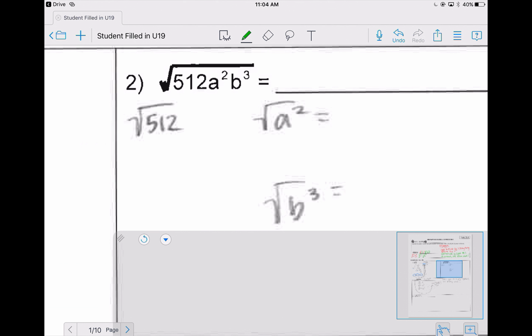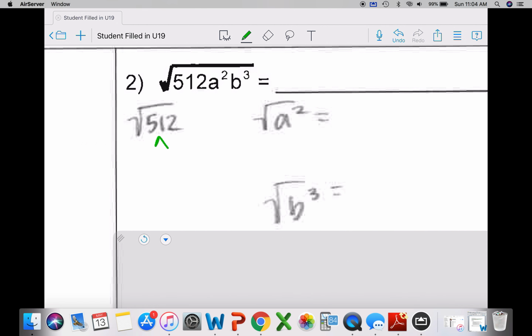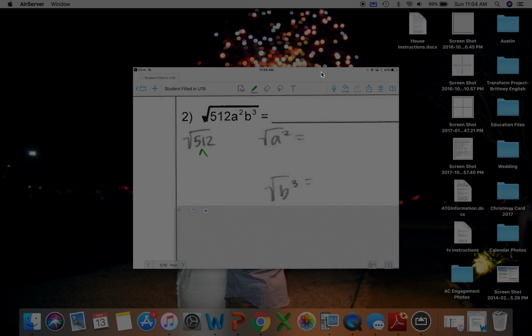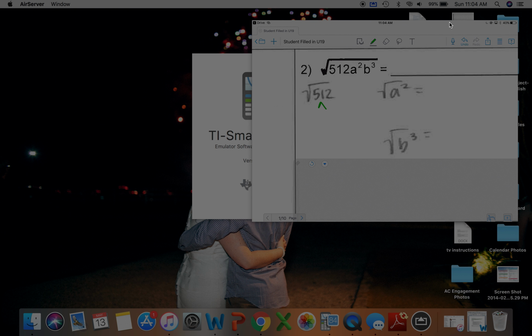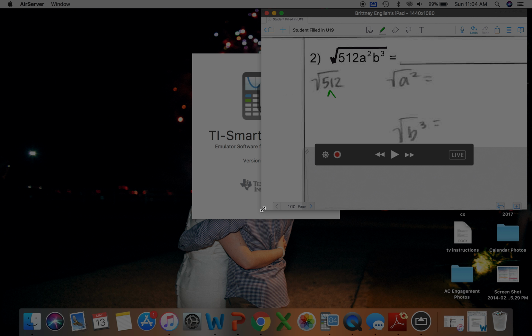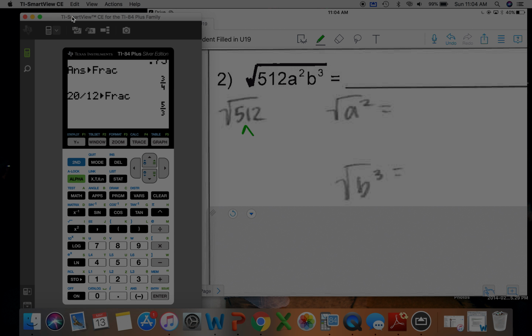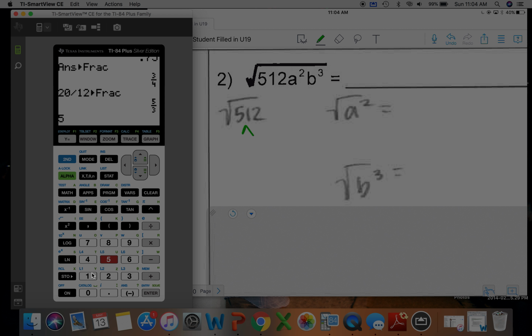So let's try problem 2 together. 512 needs to be broken up. I can see that 512 is even, so I can always start by 2. So 512 divided by 2 is 256.